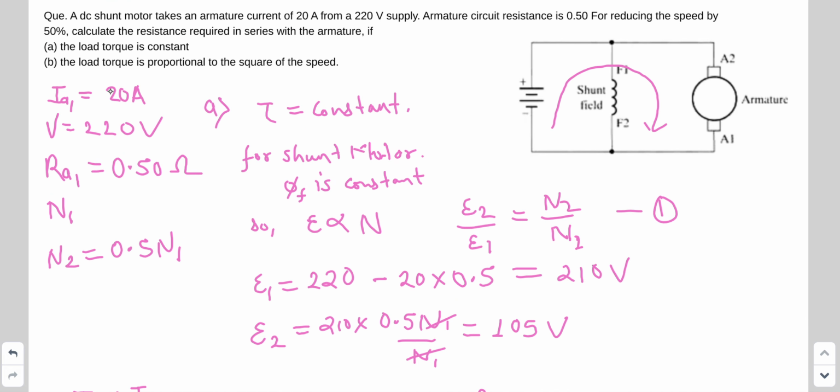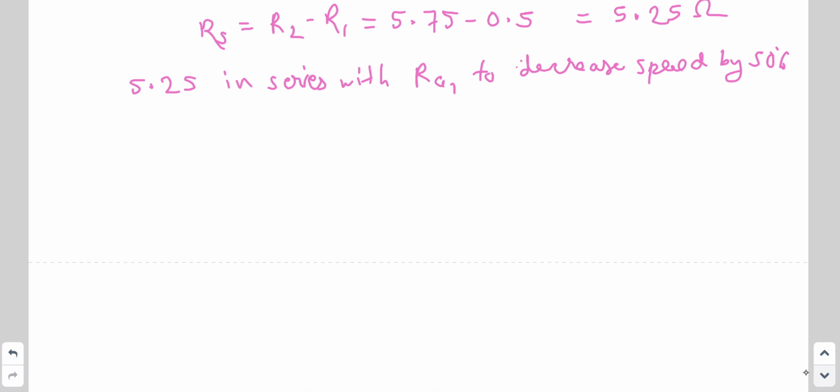Now we will move toward the second part. The load torque is proportional to the square of the speed. Our condition is that the load torque is proportional to the square of the speed. So in the second part, the load torque is directly proportional to N square, and we know that for shunt motor torque is directly proportional to Ia.